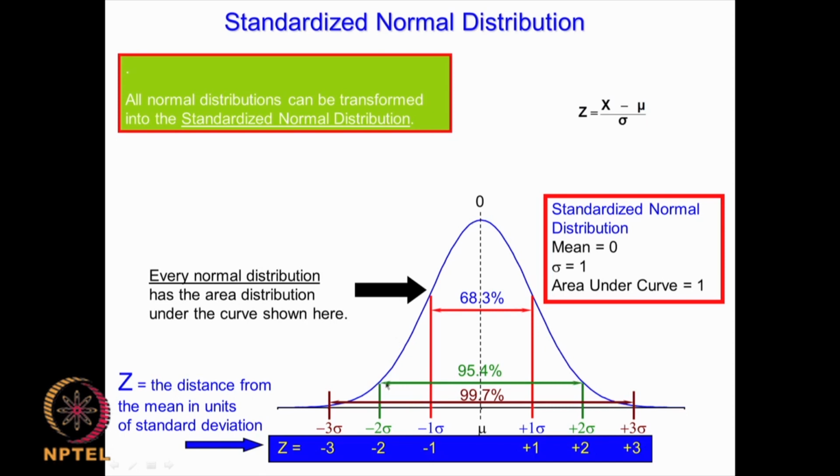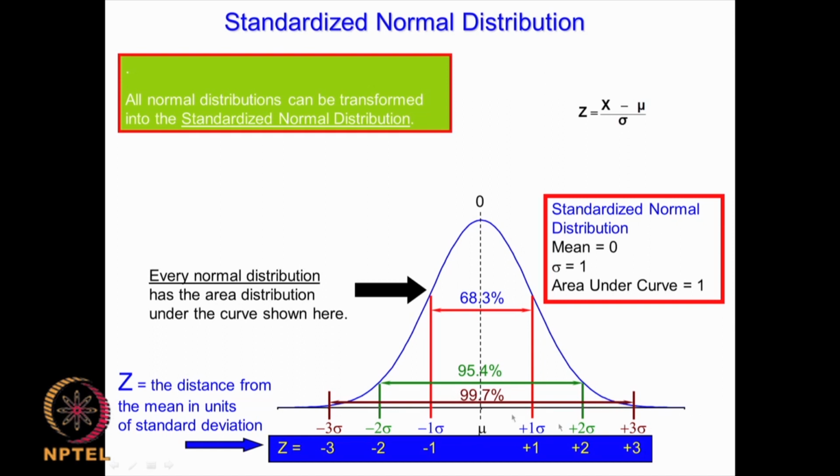So, the area spanning plus or minus 2 of z will be 0.954. Similarly, plus or minus 3 sigma will span 99.7% of the area. So, plus or minus 1 sigma has an area of 0.683, plus or minus 2 sigma has 0.954, and plus or minus 3 sigma will be 0.997, and so on.